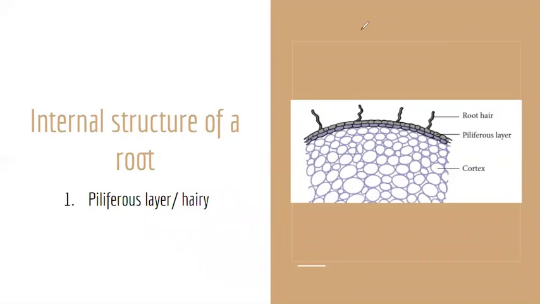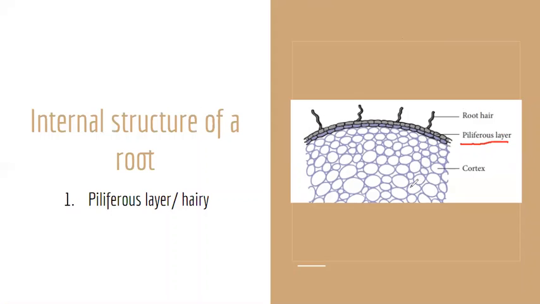Now, the internal structure of a root. We are going to analyze some important structures of the root shortly. Number one is the piliferous layer. This is for young plants.